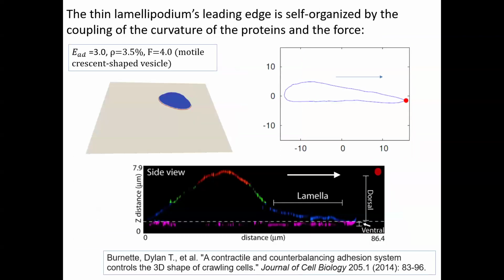It has also the overall geometry of a moving cell, so a very sharp front and a very fat back where basically, well, I shouldn't be insulting, but the back is basically trying just to minimize the bending energy. Of course, again, we are missing the bulky nucleus.